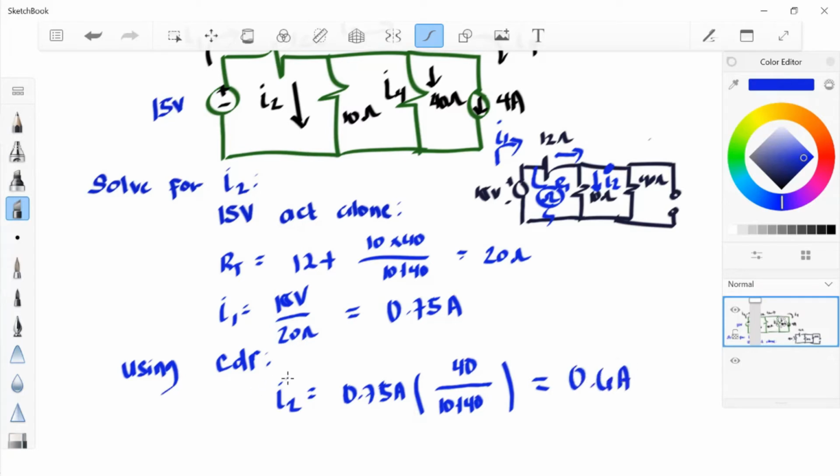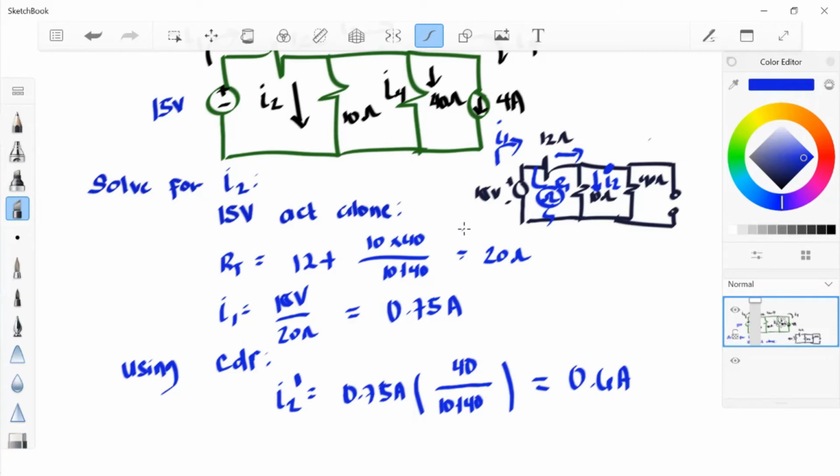We denote this as I2 prime, because the real-time current I2 is different from the I2 prime that we solved by considering only one voltage source. Okay, so that's it for 15 volts acting alone.